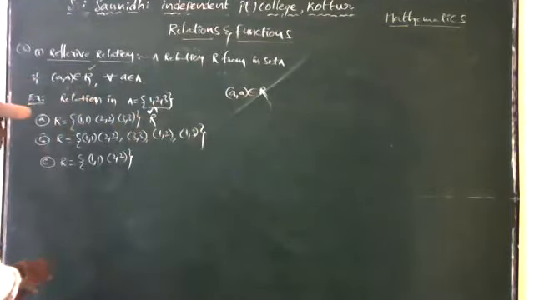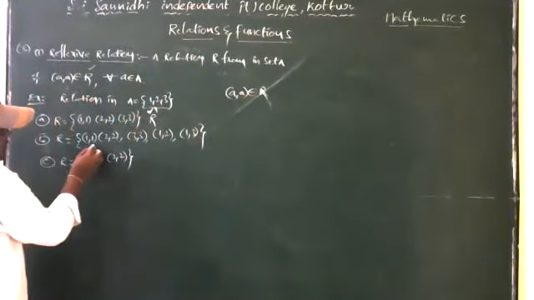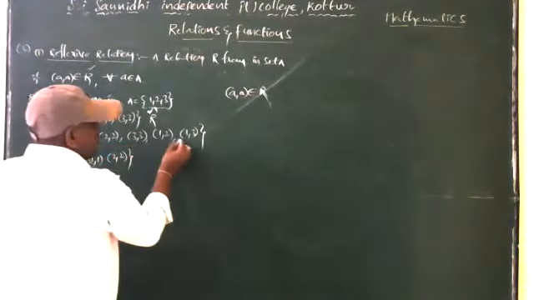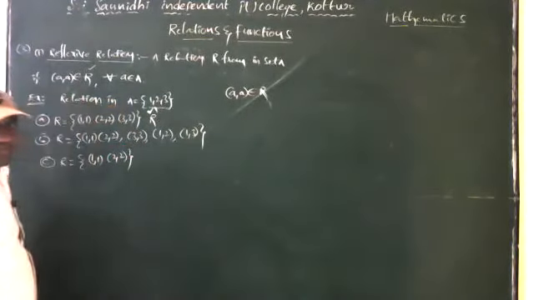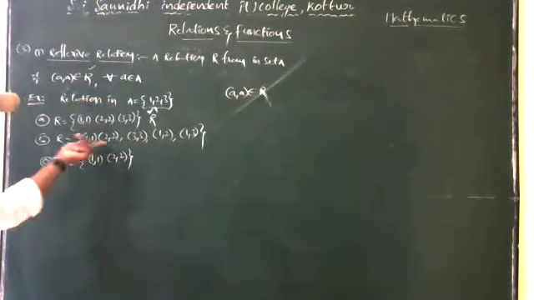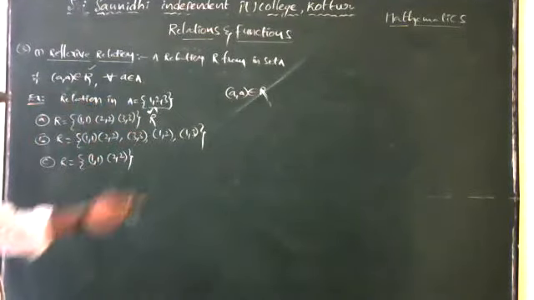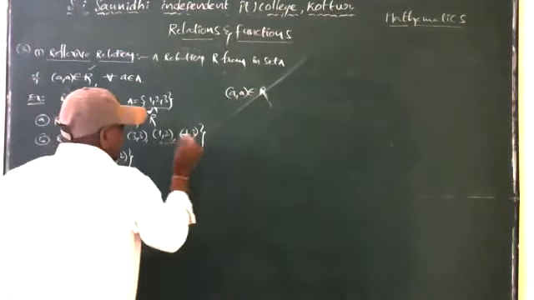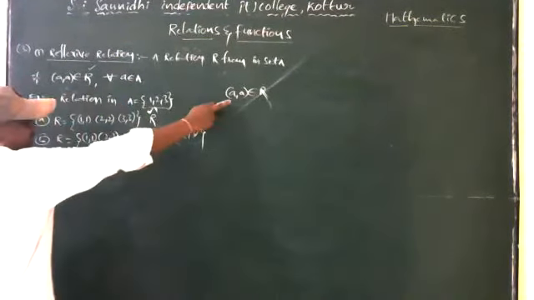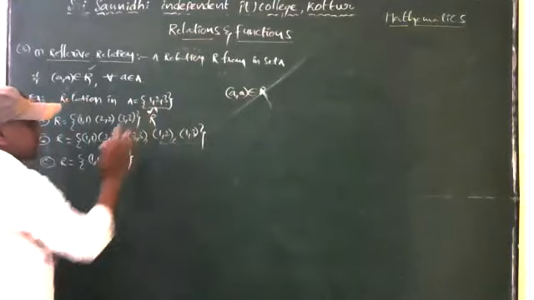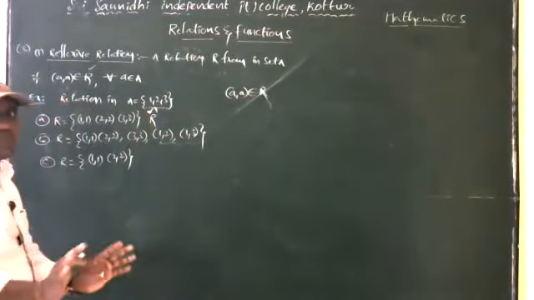Here observe this one, second example. 1 1, 2 2, 3 3, all is there. And also extra 1 2, 1 3 is there. Other cases are also possible, not only doublets. Whatever the other conditions, you require A comma A belongs to R. That means 1 comma 1, 2 comma 2, 3 comma 3 is there, so that is reflexive.